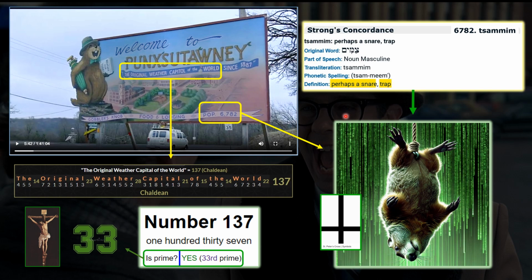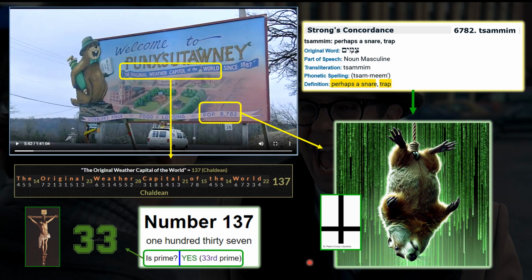6,782 in the Bible is perhaps a snare, a trap. And what a snare trap does is it turns us upside down. You can see here the Groundhog Day is upside down in the matrix. And the upside down representation is the understanding of what St. Peter's cross is, or the crucifixion of St. Peter, which he asked to be crucified upside down, which would be the rock that Jesus would build his church on, is the understanding that we are born upside down into this world and need to be turned upright.